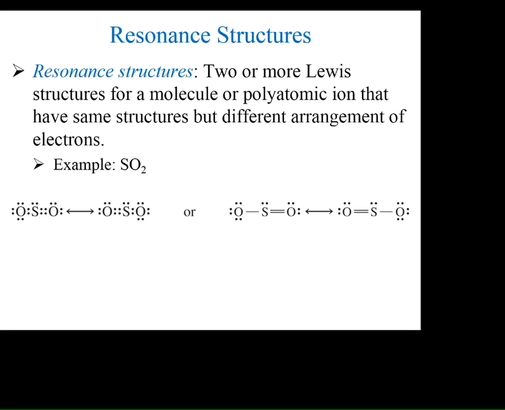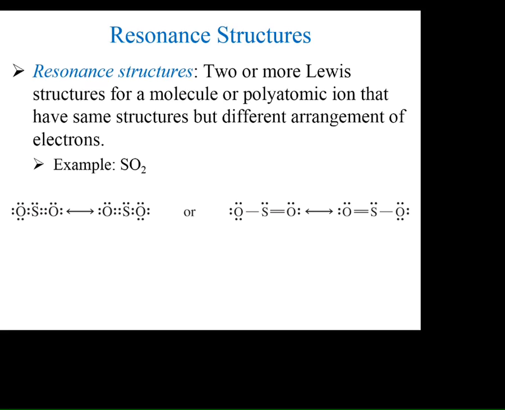So when you have an option, we're going to draw them both and put a little arrow with a double-headed arrow between them, like this. I'm going to put a little arrow with 2 heads on it between them to show both. Because in reality, the molecule is actually doing both. It's a hybrid between single-double and double-single.